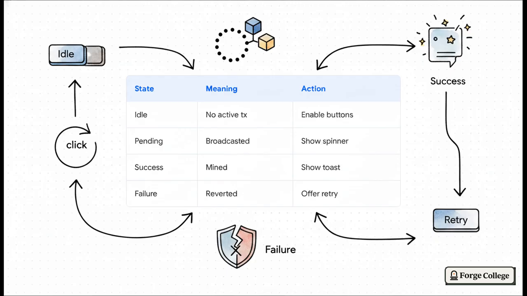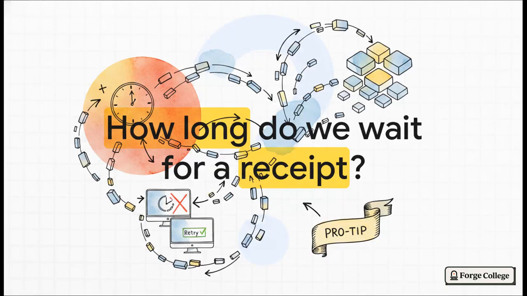From there, we either hit success, where the block is officially mined and we celebrate with a little success toast, or failure, where we gracefully show an error and offer them a quick retry. Keeping the user totally in the loop at every single step of this mechanical process is the real secret to an amazing UX.